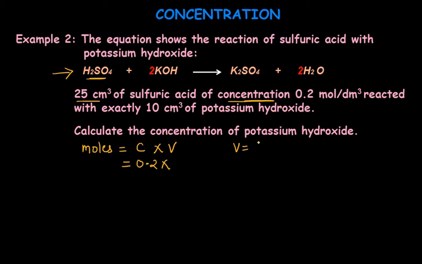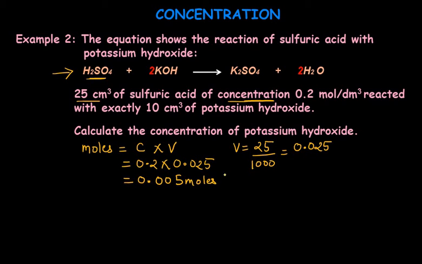So let's convert it first into dm cube. So 25 divided by 1000, which gives us the value of 0.025. So 0.2 multiplied by 0.025, and the answer is 0.005 moles of sulfuric acid.